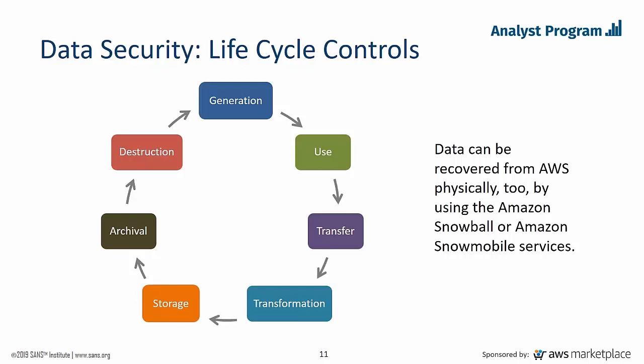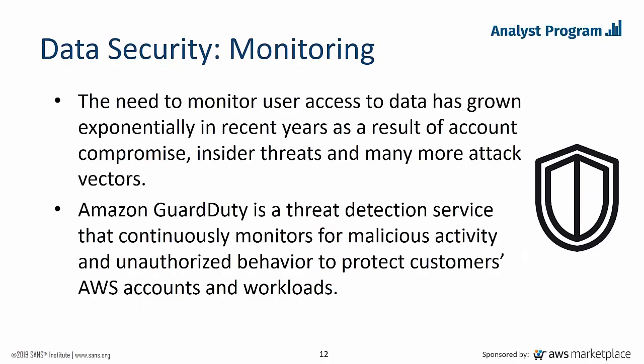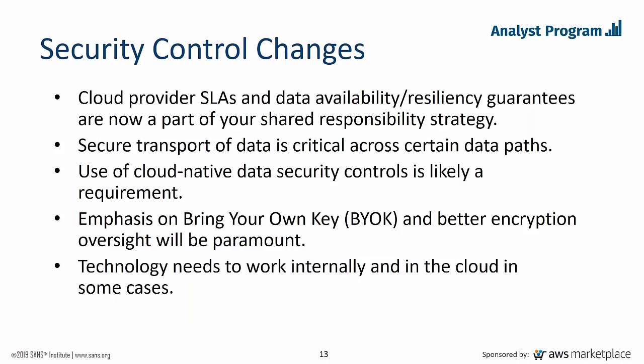You need that assurance that physically I can recover that data and have it sent back to my premises environment for whatever reason that might be. So again, if you have a need to just take it and import it somewhere, or if some of the data just needs to be moved, you have a lot of varieties of options, but you can definitely control your data throughout its entire life cycle.